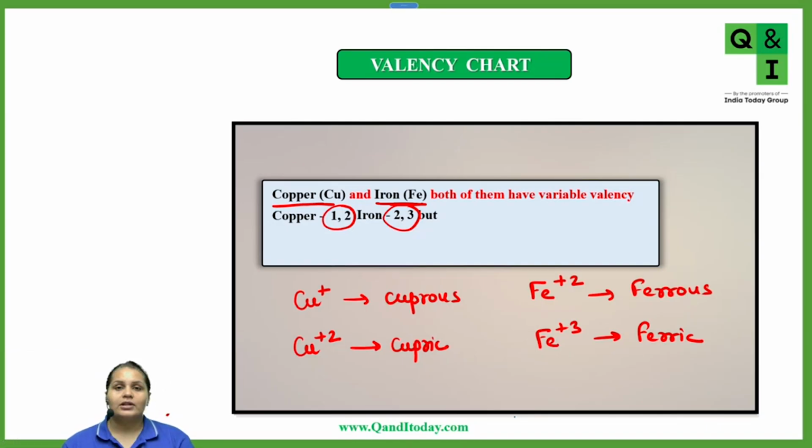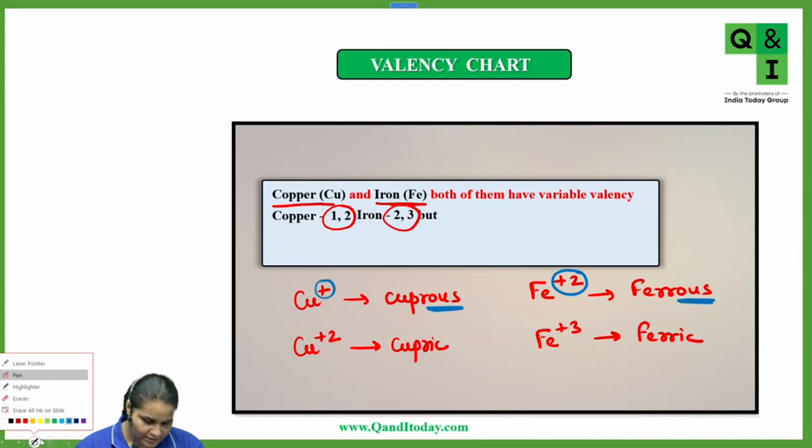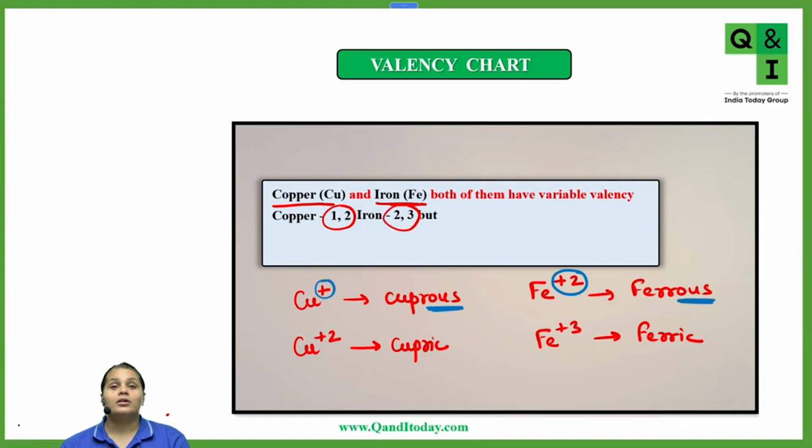Here, in case of copper, the lower valency was +1. In case of iron, the lower valency was +2. So in case of lower valency, we used the suffix -ous. Whereas Cu2+, that's the higher valency.